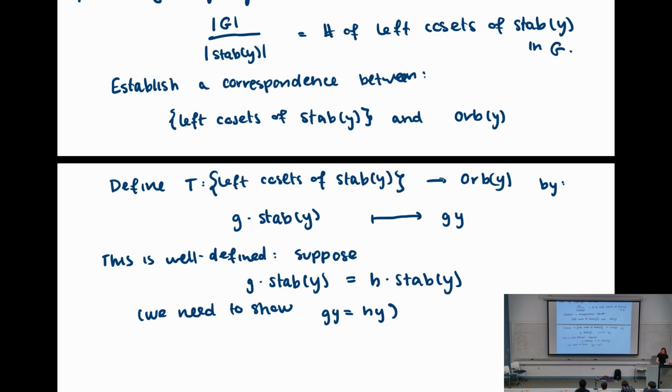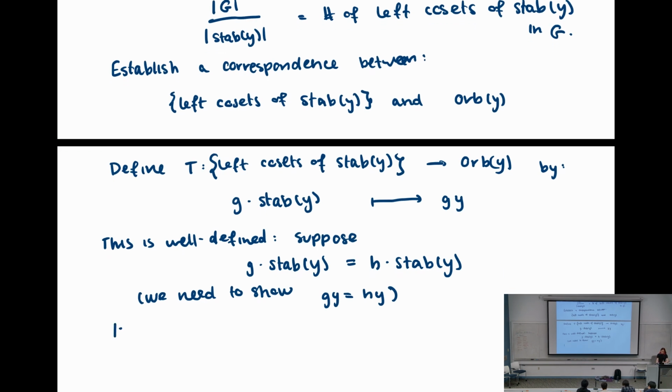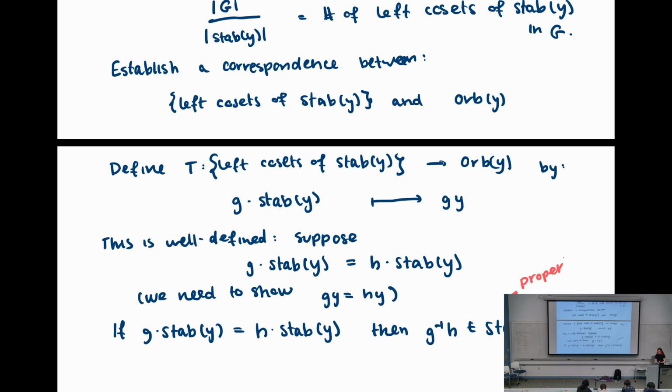Okay, so if G times Stab Y is equal to H times Stab Y, then G inverse times H is an element of Stab Y. I think this was one of the properties of cosets that we proved last lecture.